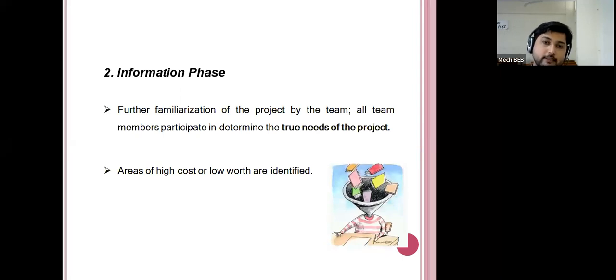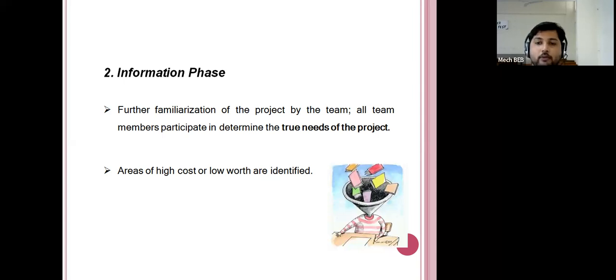Okay. Then the second phase is the information phase. So the team becomes familiar with the project, and all the team members participate in determining the true needs of the project. Here areas of high cost or low cost worth are identified. Okay. So what is the specific purpose of that particular item or product, or we can say the project?